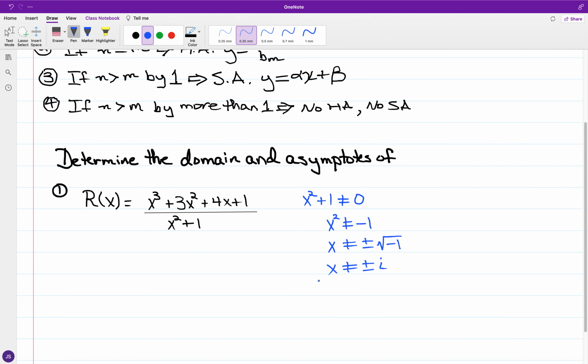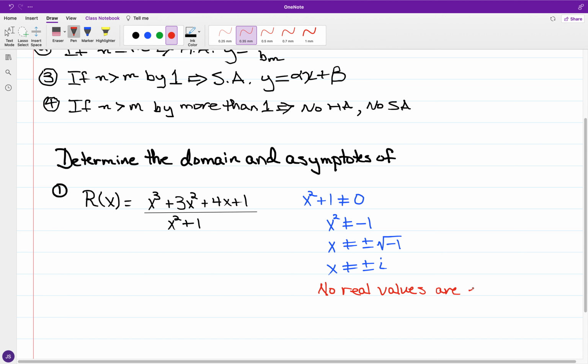And if you notice, the only values to be excluded are not even in the real number system. So in this case, no real values are excluded, and we're not worried about complex numbers.